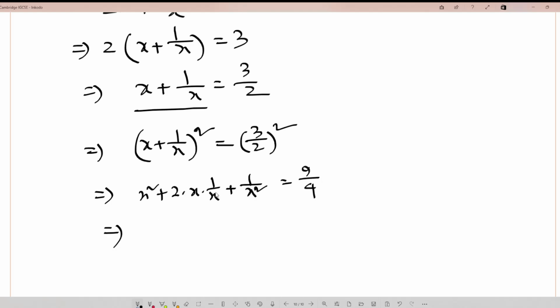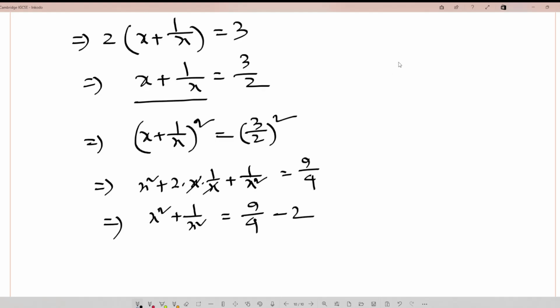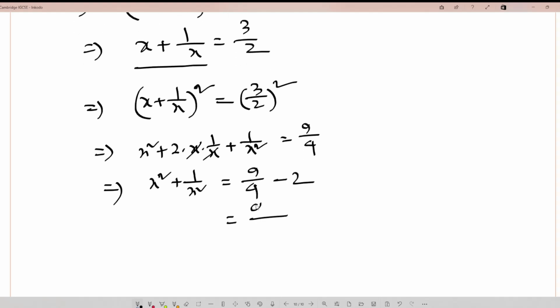Then the x and x cancel out, so x square plus 1 by x square equals 9 by 4, and this plus 2 becomes minus 2. Here the LCM is 4, 4 times 2 is 8, so 9 minus 8 is 1 divided by 4. So x square plus 1 by x square equals 1 by 4.